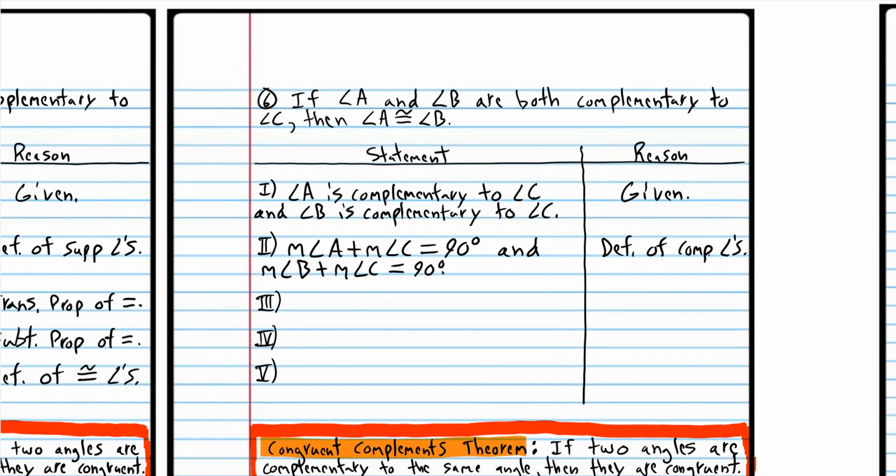Now, you can see where we're going with this. It's just another example of the transitive property of equality. If these are both equal to 90, then they must be equal to themselves. So that is the transitive property of equality.